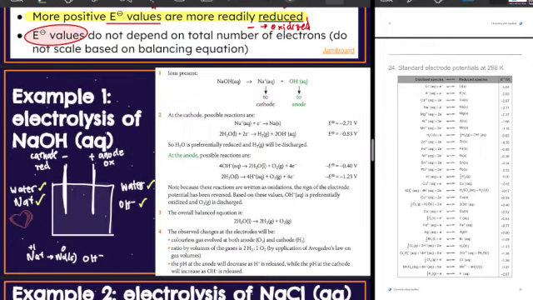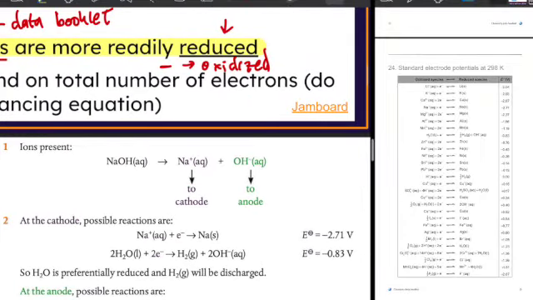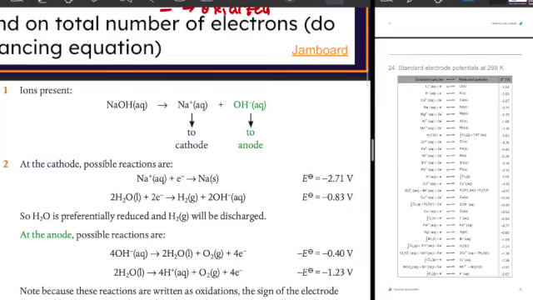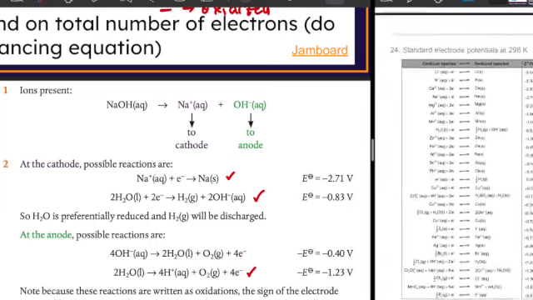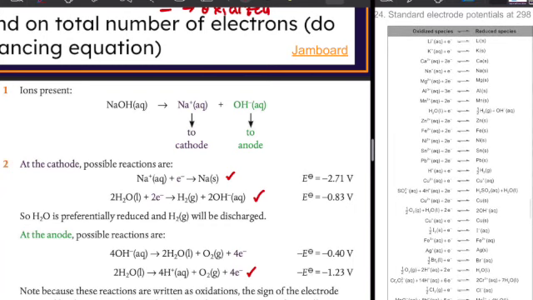All right, so at the cathode, let me show this in a way that makes sense. At the cathode, I have two possible reactions. I either have the reduction of Na or the reduction of H2O. At the anode, I have the oxidation of water or the oxidation of OH minus. Where did I get that? Well, I looked in section 24.